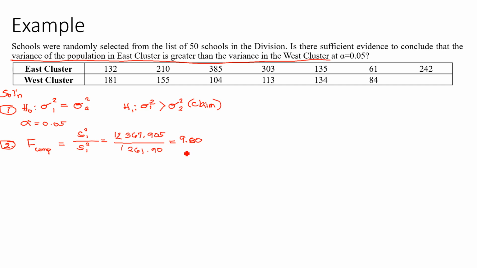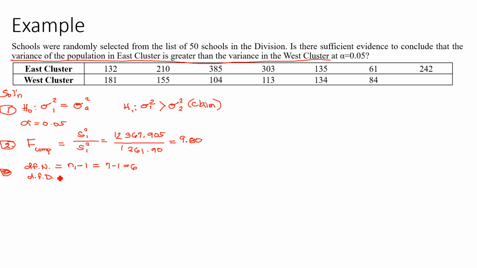So let's try to have the tabular F value. To determine our tabular F value, we first have to determine the degrees of freedom in the numerator and the degrees of freedom of the denominator. Take note that the formula for this is n sub 1 minus 1. For the numerator, since the numerator is the East cluster, there are 7: 1, 2, 3, 4, 5, 6, 7. So 7 minus 1 is 6.